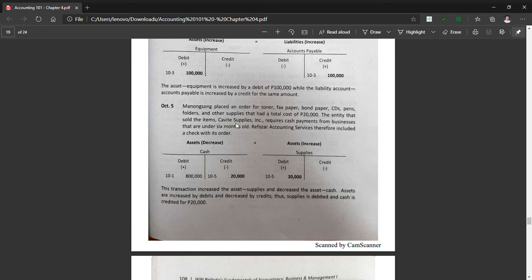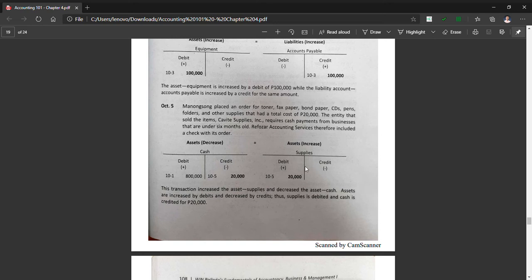Okay, so, first, let's take a look. Bumili tayo ng supplies, right? So, nag-increase ang supplies natin. And supplies are, once again, asset yan. Asset natin. So, kapag lumaki ang asset, we should be recording it on the left side. So, it is a debit.